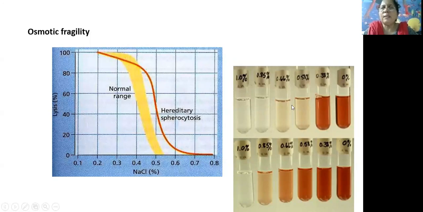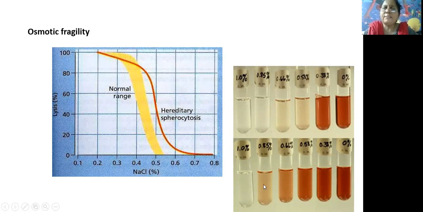So see here, this is 0.5. This is a control and this is hereditary spherocytosis. At 0.6, there is a mild color change. But see here, at 0.85 itself, there is hemolysis in the test. Lysis is more here. It's increasing.